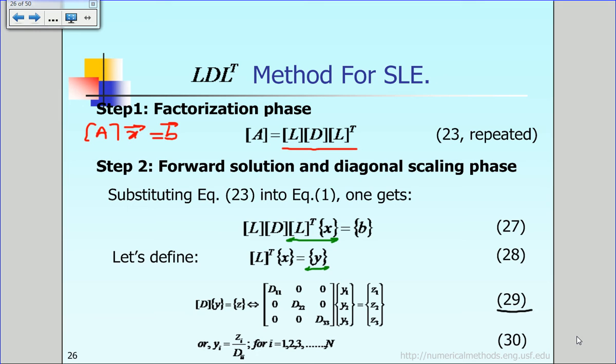And therefore, the product from D all the way to here, in red color, is the same thing as the matrix D times the vector Y. And that can be represented as a vector Z.